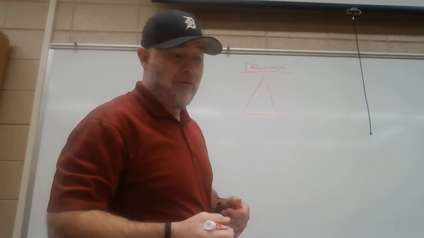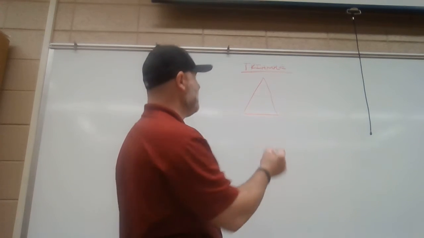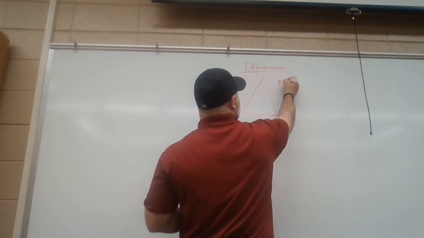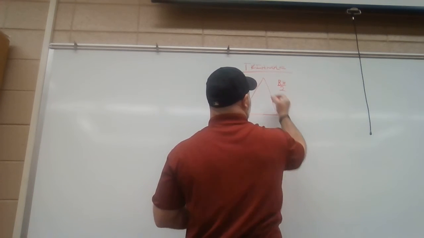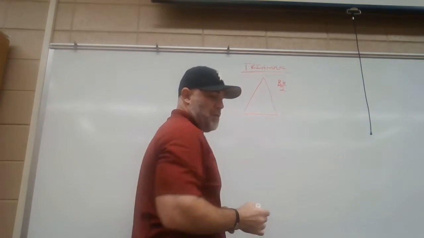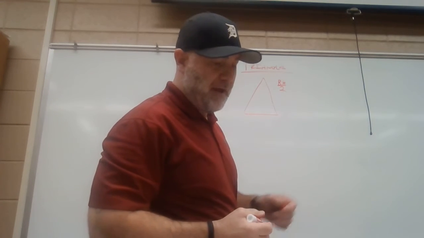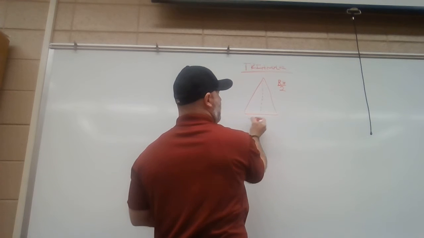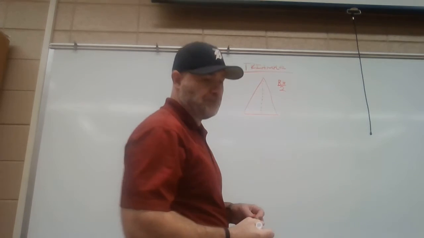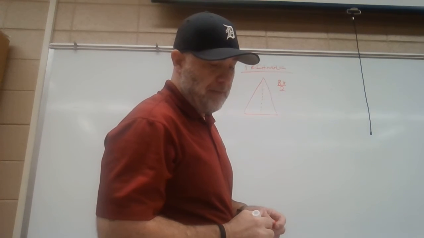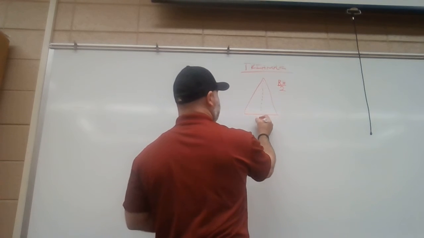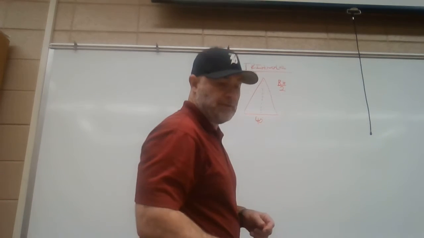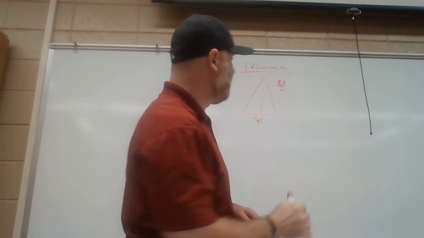The area for that is base times height divided by 2, so BH divided by 2. Usually on a triangle, guys, the height will just look something like this at the apex. This is your base. So we'll say it has a base of 40 feet and a height of 60.